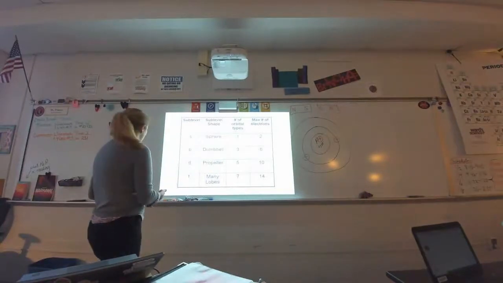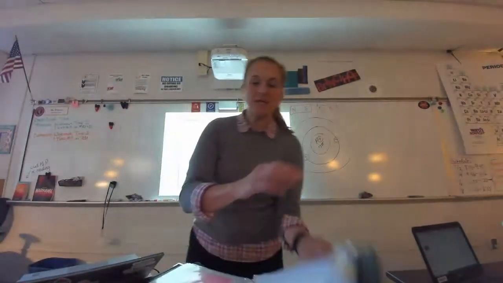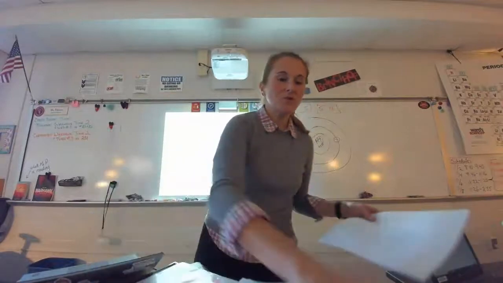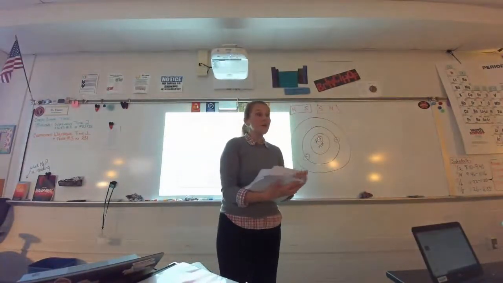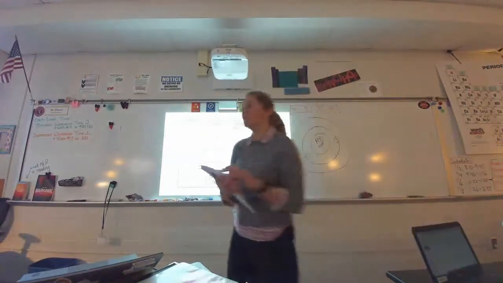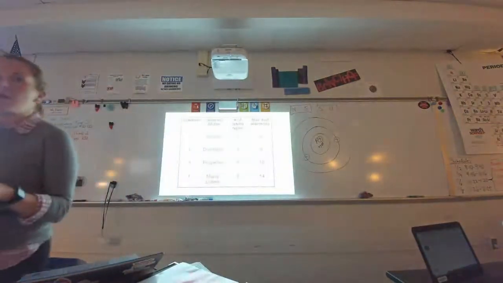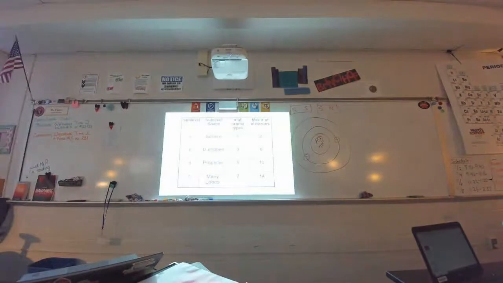Let's look at the periodic table. I'm going to actually hand out these now so you can start. These are blank without elements for a reason so that you can take notes right on them about electrons and not worry about actual elements. We don't care about the protons right now.